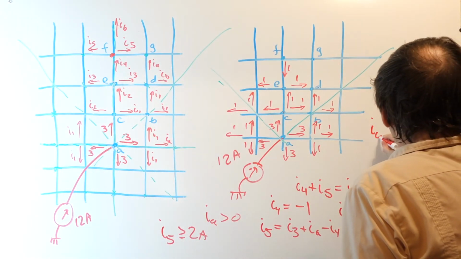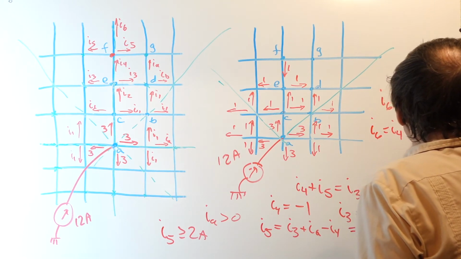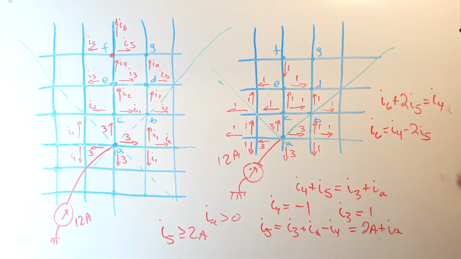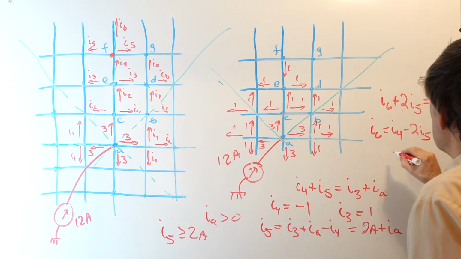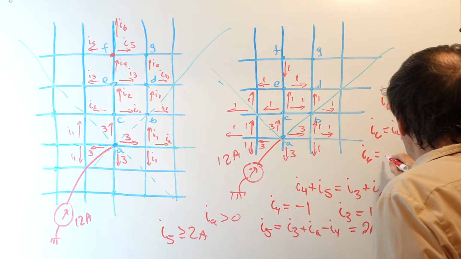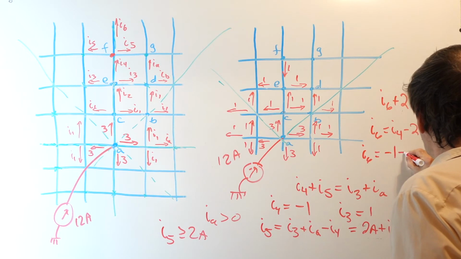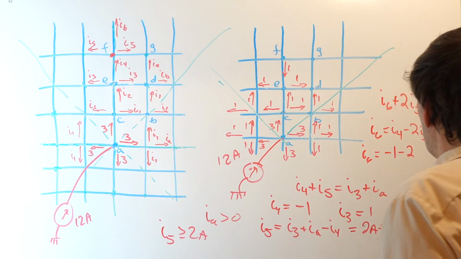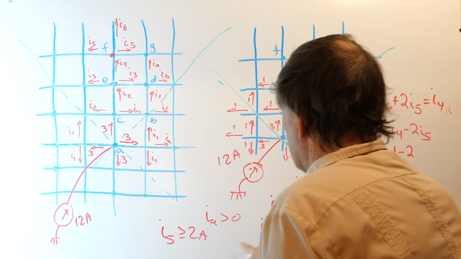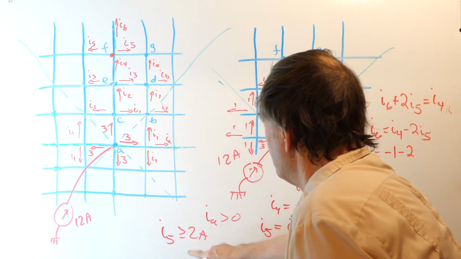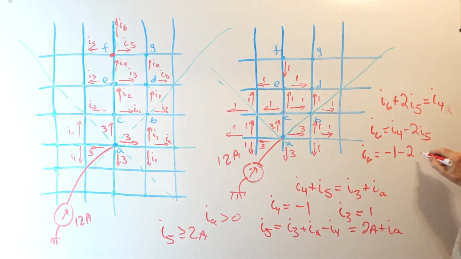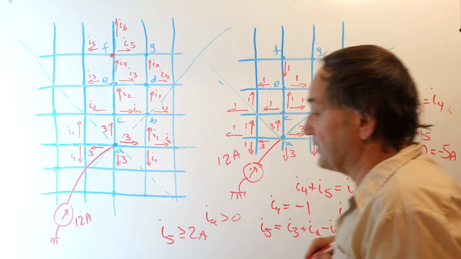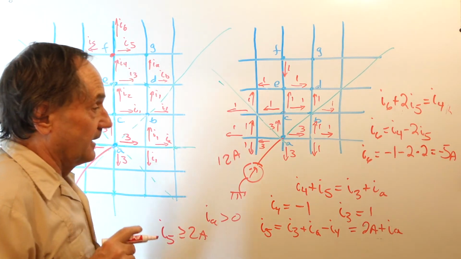Well, I6 then is going to equal I4 minus 2I5. But I4, again, is minus 1. So I6 will have to equal minus 1 minus 2I5. But what is I5? I5 is at least 2 or greater. So putting in for I5 the minimum value it has to be, which is 2, this comes out to minus 5 amperes, at least, at a minimum.